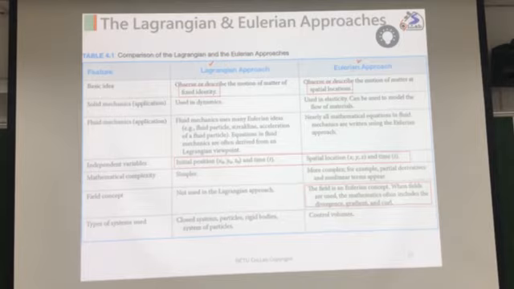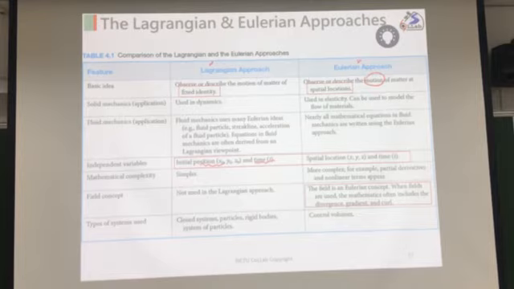Usually the Eulerian approach just focuses on the spatial location and motions as a function of the spatial locations. And you see what the independent variables are. For the Lagrange, we need the initial positions and the time. If we don't have them, we cannot predict the location for the next time step.